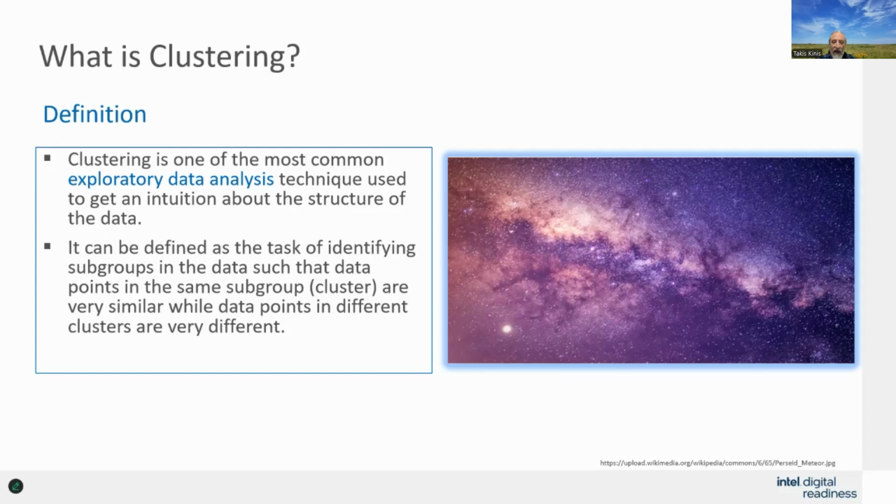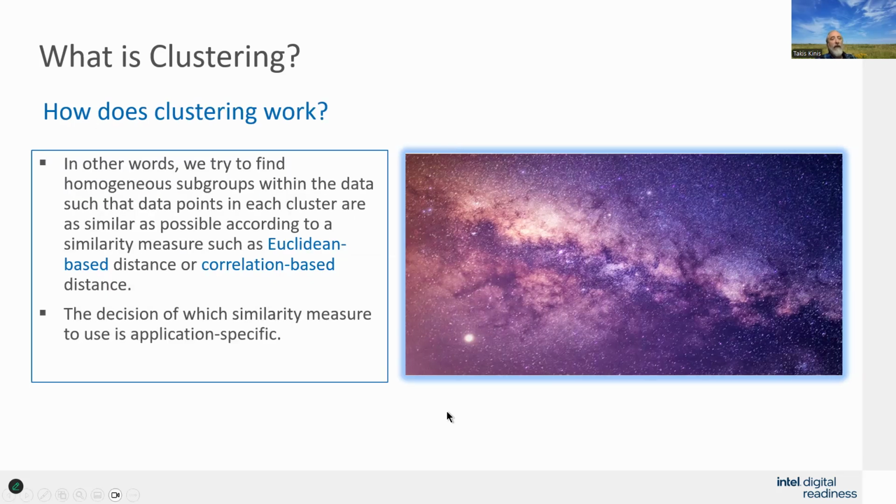You can define it as the task of identifying subgroups in the data such that data points in the same subgroup or cluster are very similar, while data points in different clusters are very different, by whatever criteria that data is being classified. In other words, we try to find homogeneous subgroups within the data so that data points in each cluster are as similar as possible according to a measure such as Euclidean-based distance.